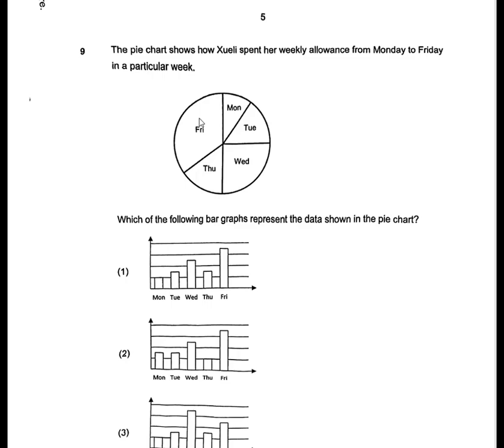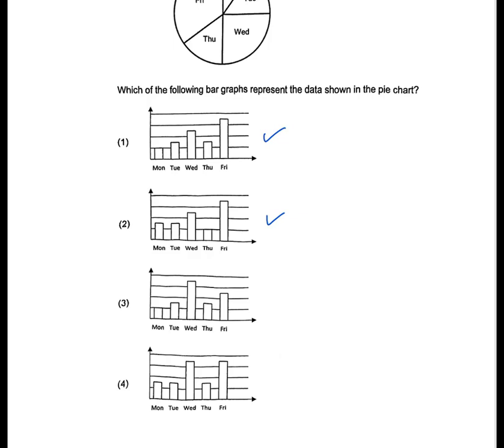So we go back to the choices that see here. Yes, this qualifies for it because it says Friday is the highest. Here also Friday is the highest. These two qualify for it. But if I go for the other two options that you see here, Friday is not the day when she spent the highest amount according to the depiction here, because the bar for Friday is shorter than that for Wednesday.